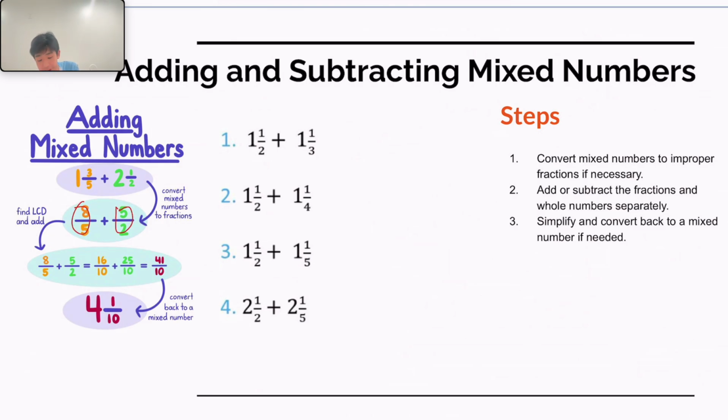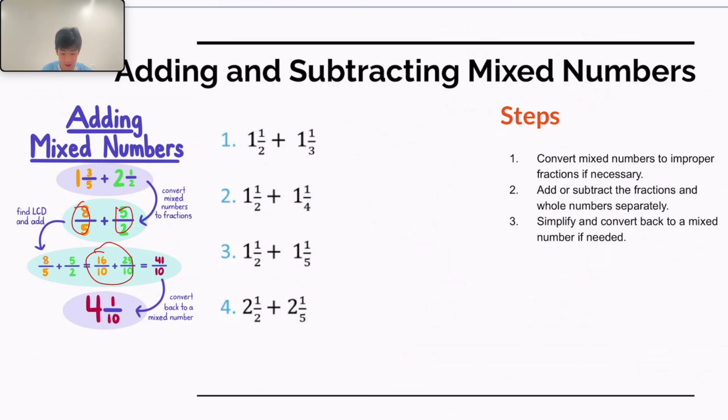Then if the denominators are different, you find the least common denominator and convert them to the same denominator. You add them together and convert it back to a mixed number. But some questions require you to keep it as an improper fraction, so it depends on the question here.